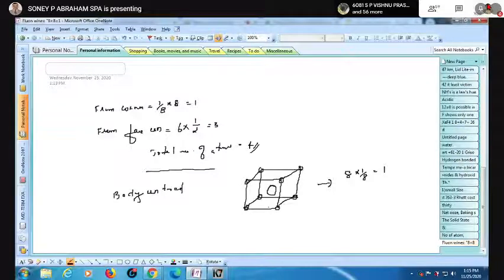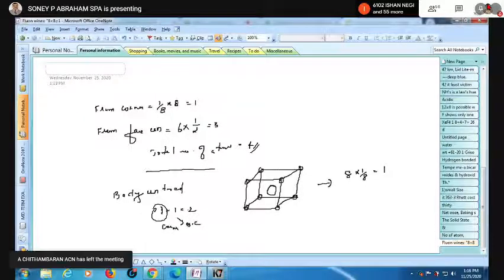It is not shared by anything. So that one is at the center, and contribution from the corners is 1. So total number of atoms will be equal to 1 plus 1 equal to 2. This one is from the corner, and this one is from the body center.